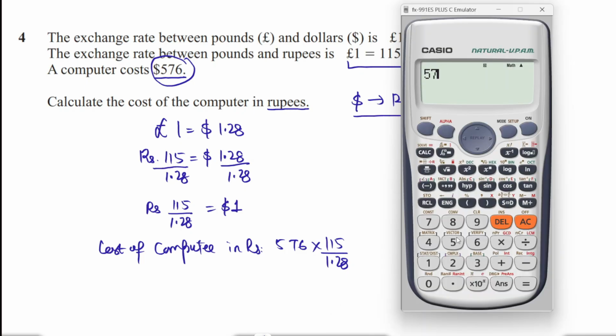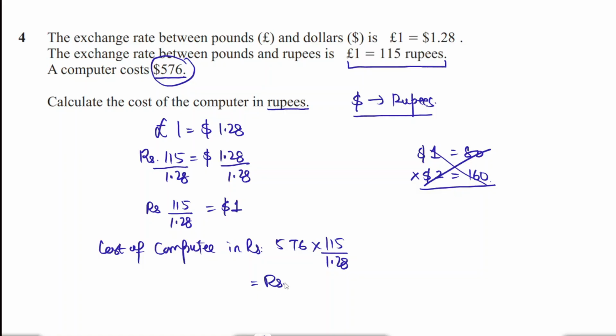So we are having 576 multiplied by 115, that is the numerator in total, and we are going to divide it by 1.28, and we are going to get the answer, rupees 51,750. That is your answer. So I hope I was able to solve your problem.